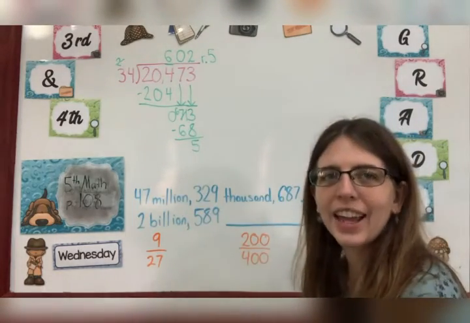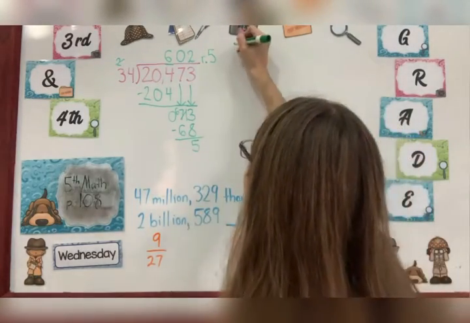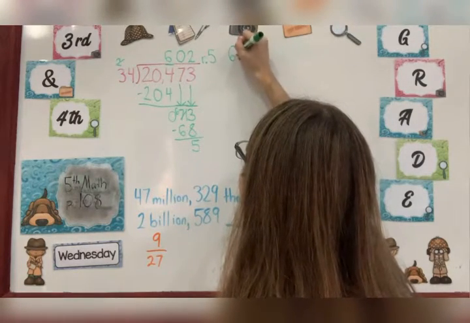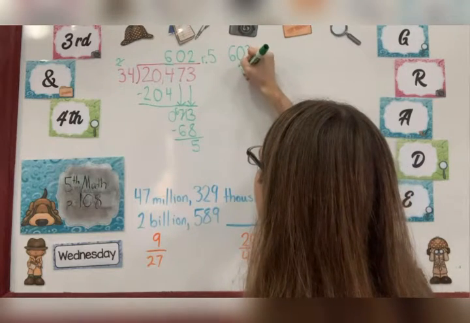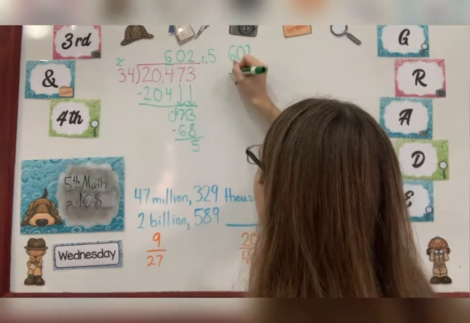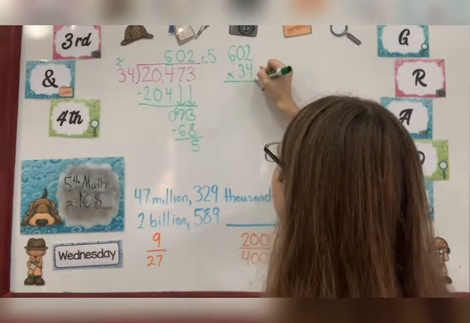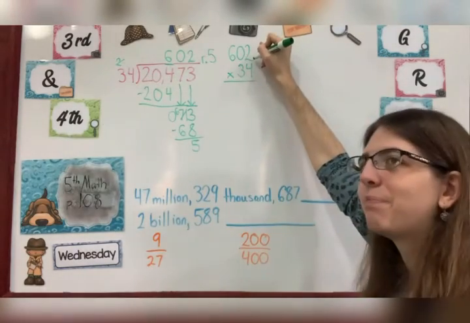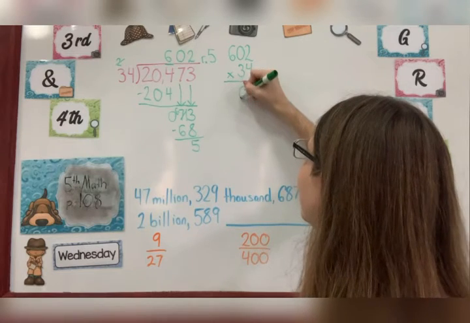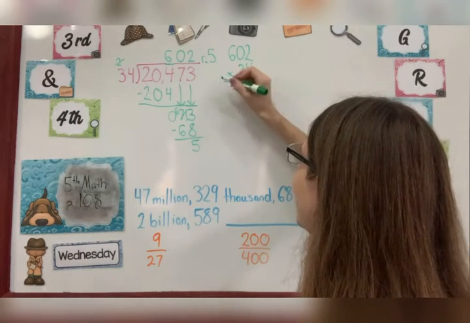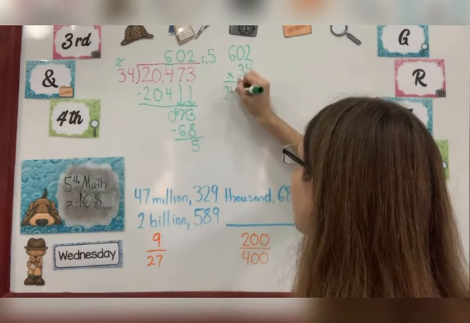Now to check, I have to start by multiplying. I'm going to multiply my answer, which is 602, times my divisor, which is 34. 4 times 2 is 8. 4 times 0 is 0. 4 times 6 is 24.